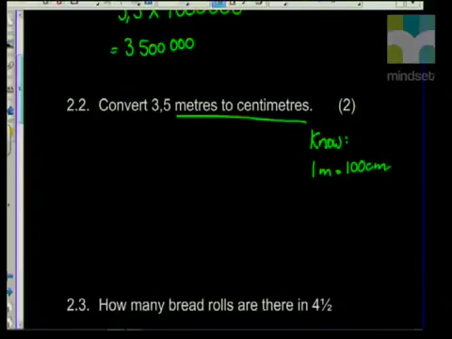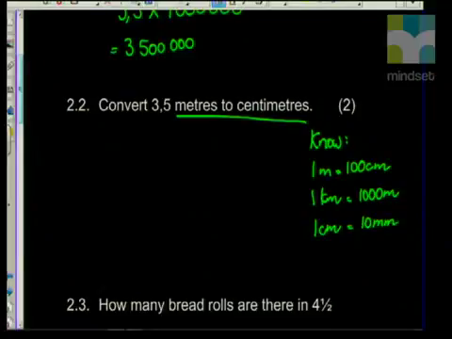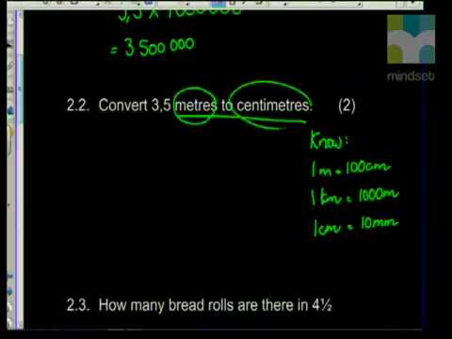And there's a lot of others that you need to know as well, like 1 kilometer is equal to 1,000 meters, and 1 centimeter is equal to 10 millimeters. There's lots and lots of those. I would suggest that you make sure that before you go into your exams that you actually have learnt those, because those are not going to be given to you and you do need to have those ready in your brain to use.